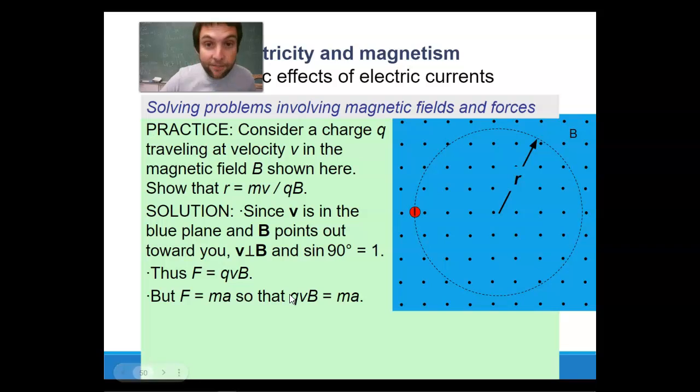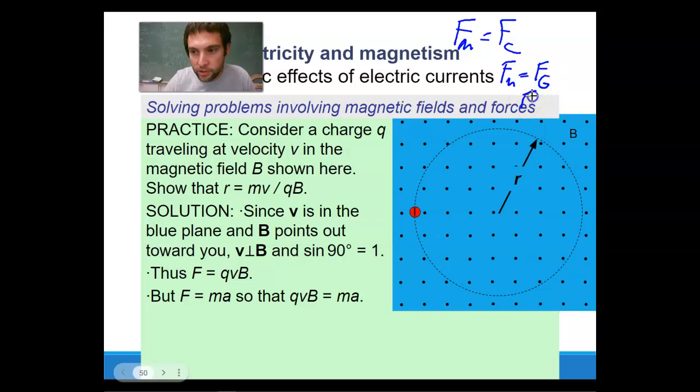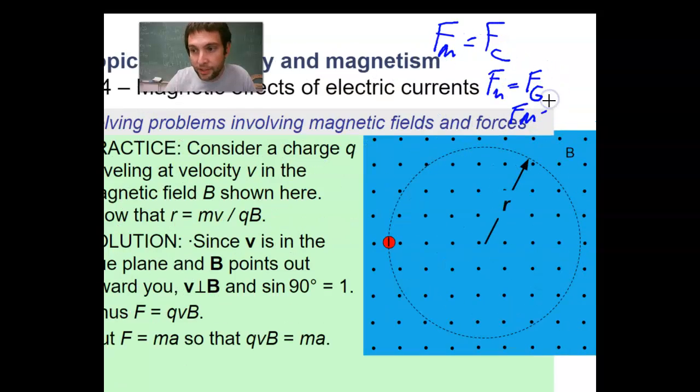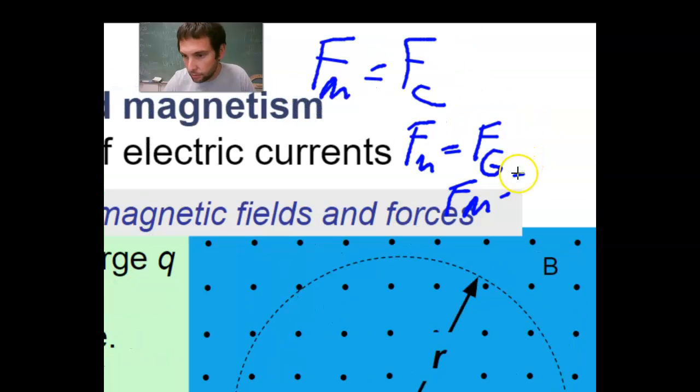Don't forget that F equals F. Forces will always equal forces. So no matter what force we're dealing with, we can have a magnetic force equals a centripetal force. Absolutely. We can have a magnetic force equals a gravitational force for some weird reason. Absolutely.